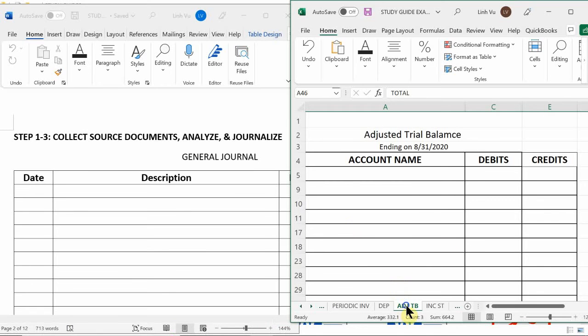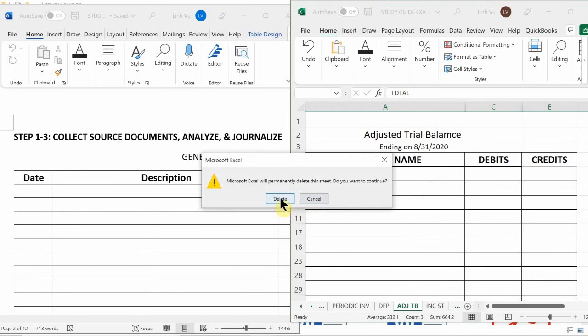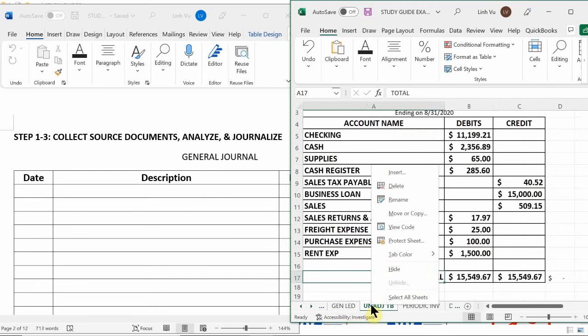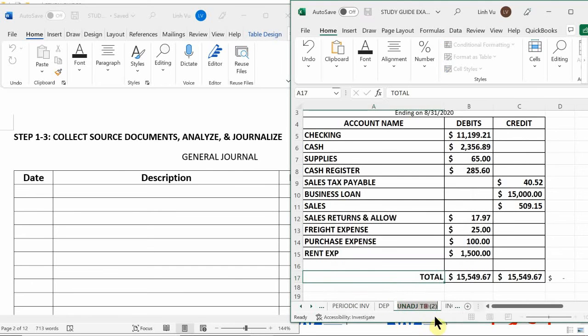So to save some time, I'm going to copy and paste my unadjusted trial balance and just add in my accounts. I'm going to make a copy of the unadjusted trial balance, right before my income statement, and call it my adjusted trial balance.